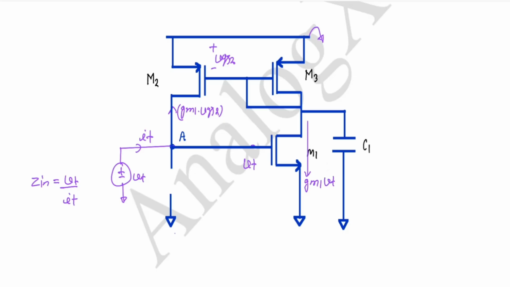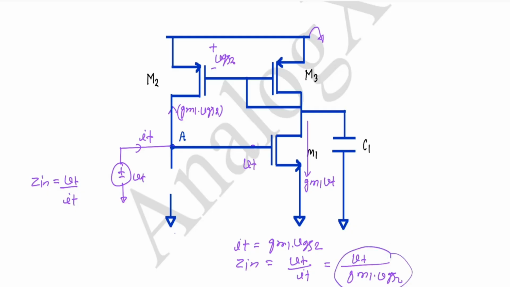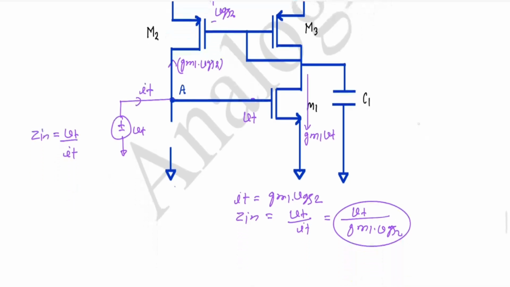So what will be this current It? It will be only gm1 into Vgs2. So Zin will be Vt by It, which is Vt divided by gm1 into Vgs2. Now we have to find this Vgs2 in terms of gm.